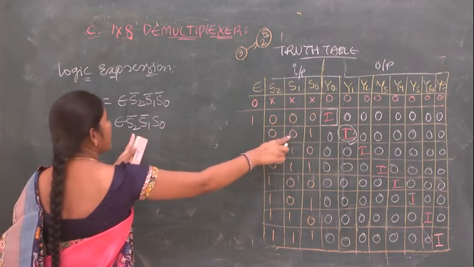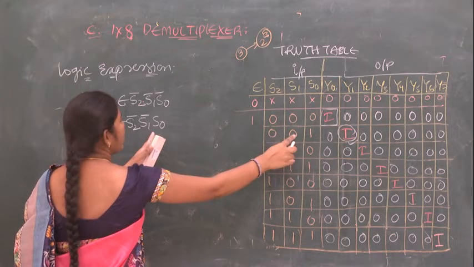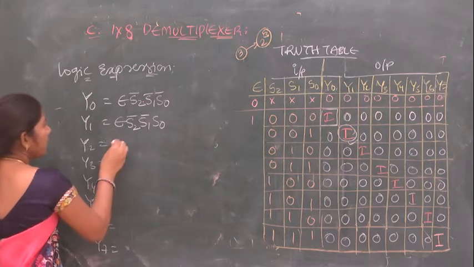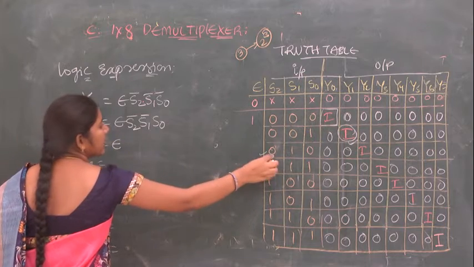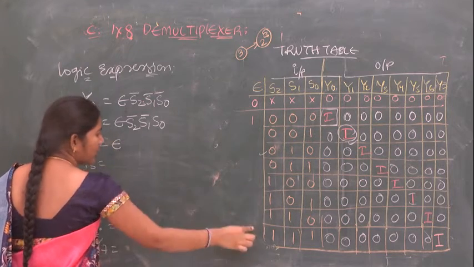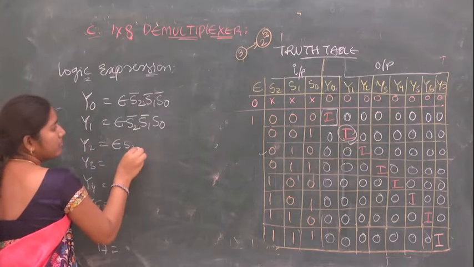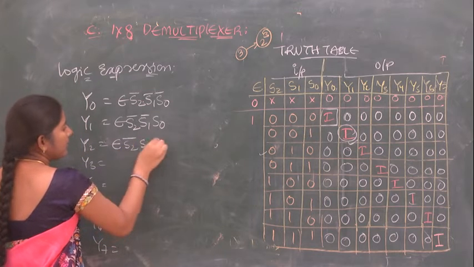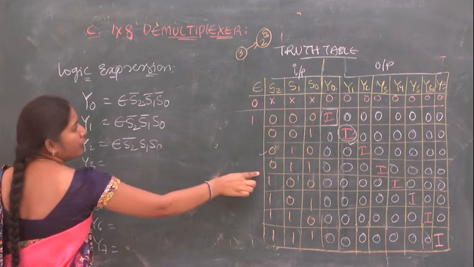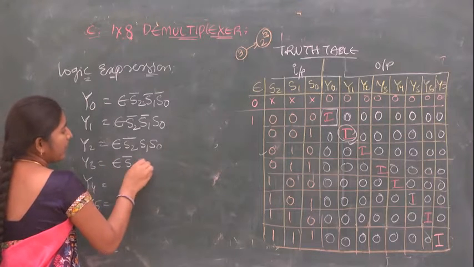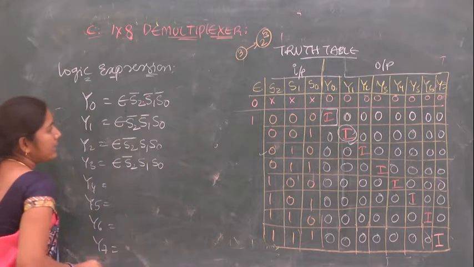So 0 means S2 bar, 0 means S1 bar, S0 is 1, so I am considering S0 itself. For Y2, enable is high for all the cases, so I am directly considering E, S2 bar, S1 and S0 bar. For Y3, E, S2 bar, S1, S0.